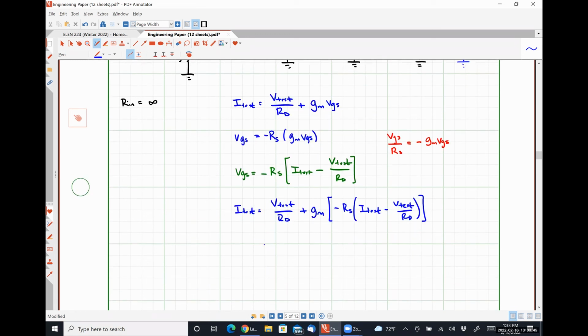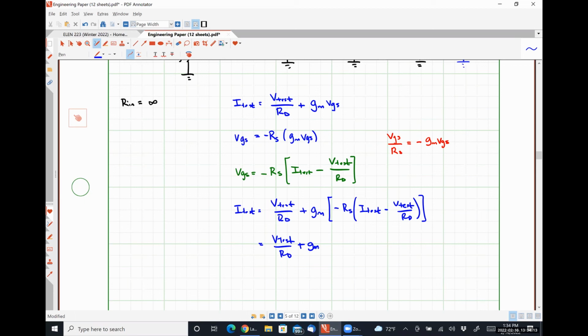So let's expand this bad boy a bit. V test over RD. Let's see. Plus GM. All right, so now I'm going to have a negative RS times a negative V test over RD.